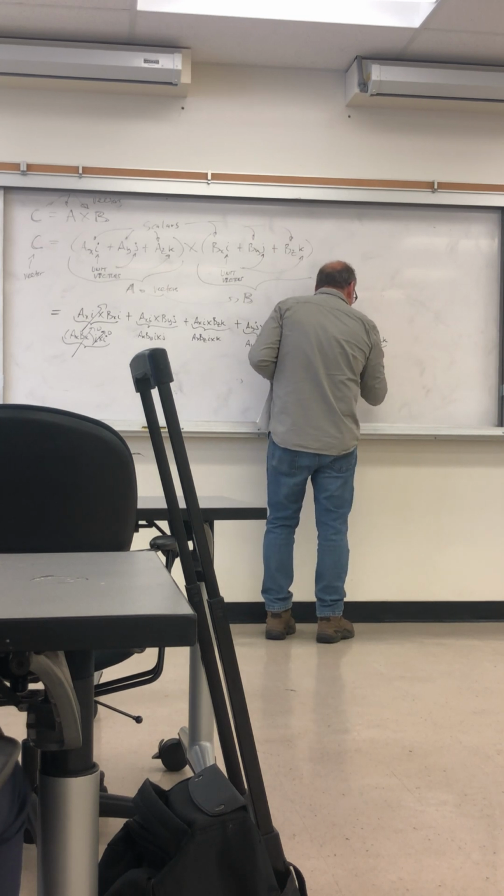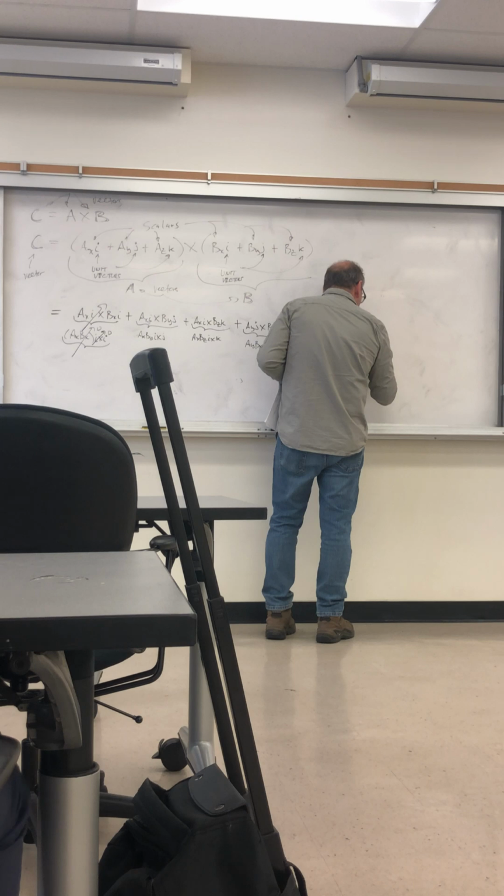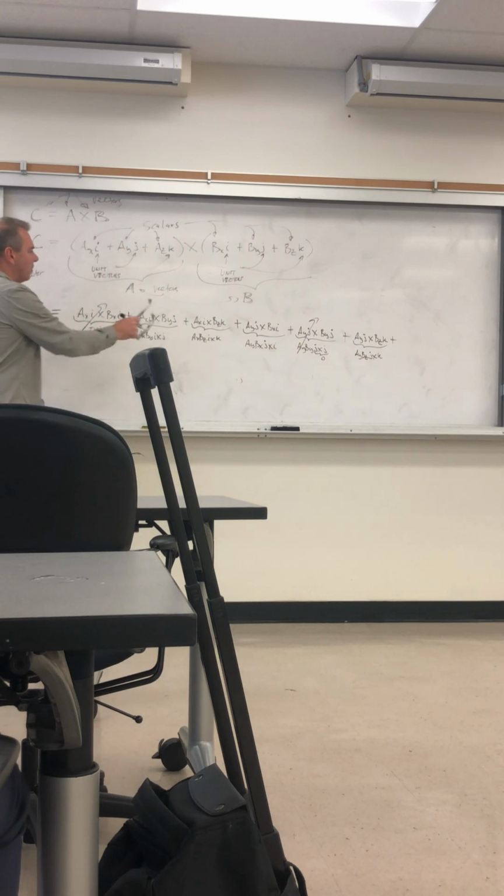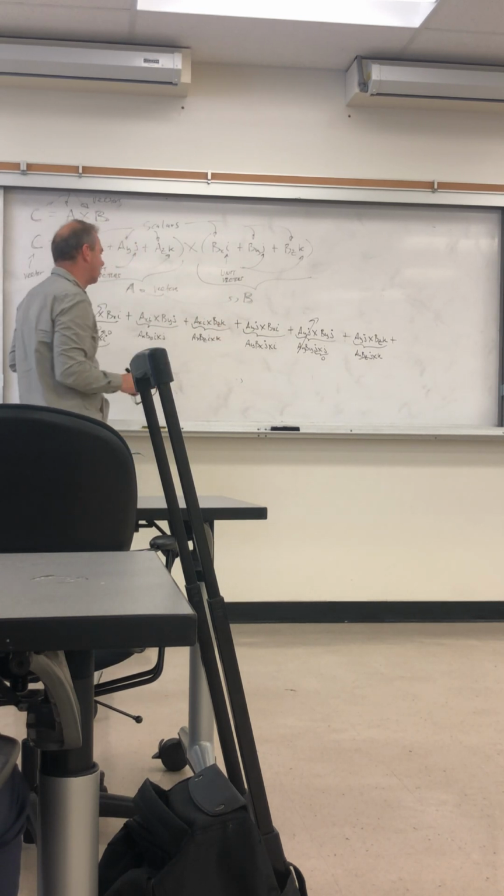So this is a y, b z, j cross k. Okay, how many do we have? We have 3 more, I think. 1, 2, 3, 4, 5, 6.